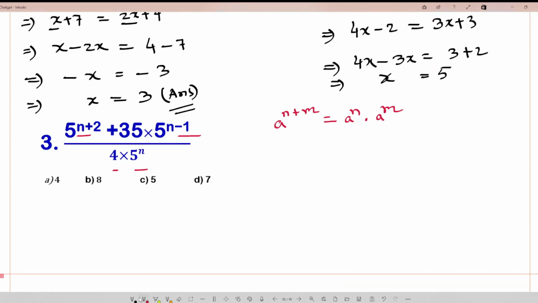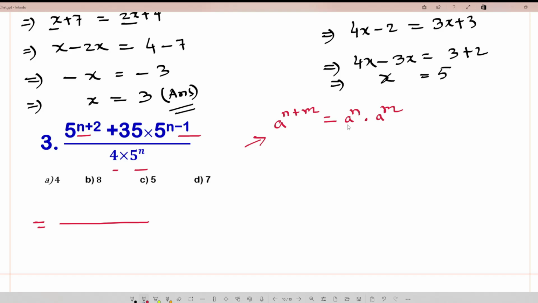Number 3, 5 to the power n plus 2 plus 35 times 5 to the power n minus 1, divided by 4 times 5 to the power n. So in this numerator we can write one thing, but before that we have to know about a to the power n plus m. It means a to the power n times a to the power m.